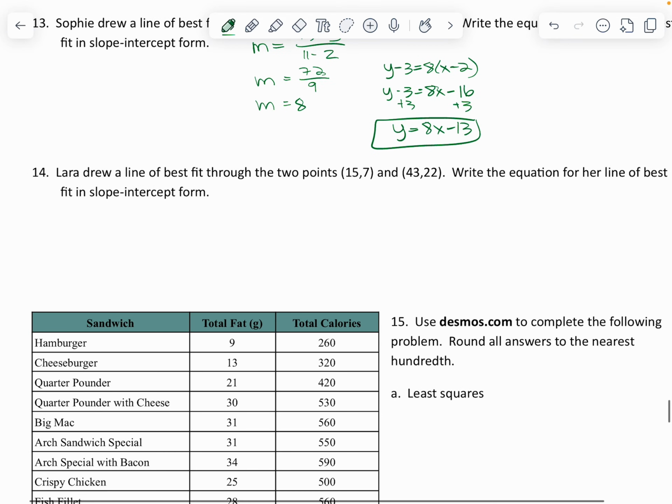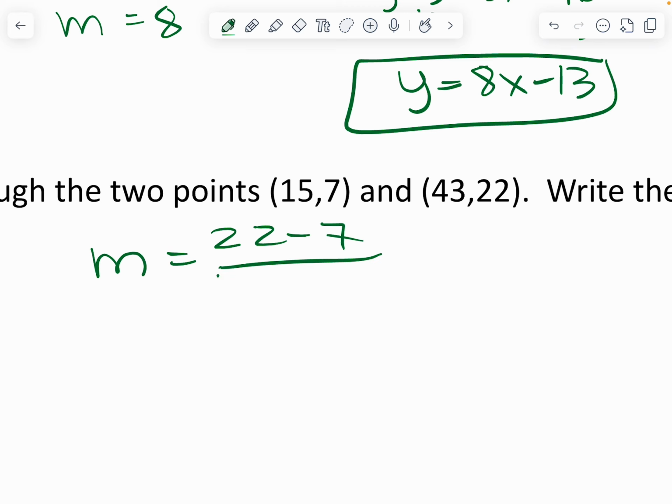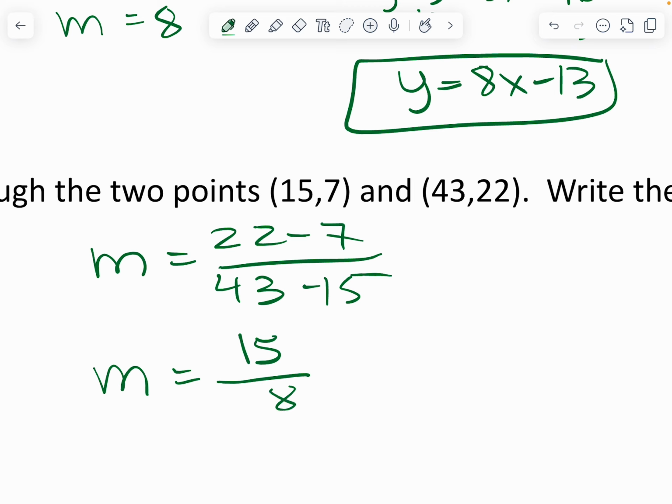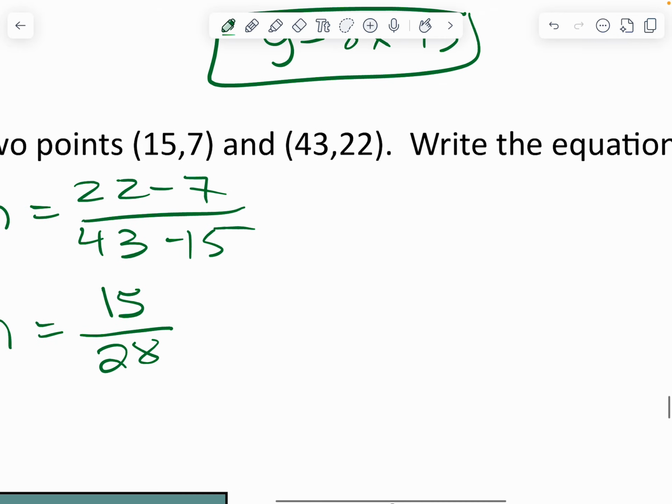Okay, Laura drew a line of best fit through these 2 points. Write the, okay, same thing we just did above. 22 minus 7 over 43 minus 15. 15 over, let's see, that's 28. So it doesn't simplify.